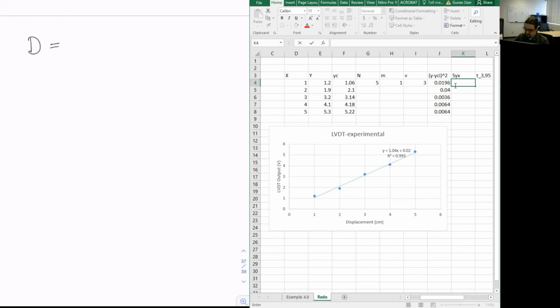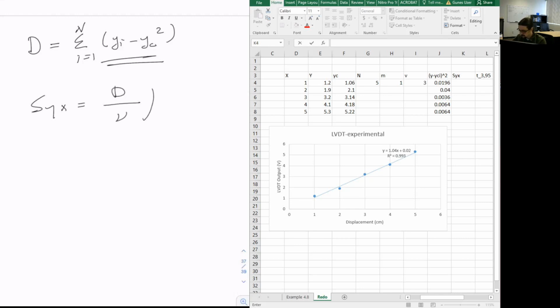D was defined as the sum from i equals 1 to n of (yi minus yc) squared. We have already completed that term. And then the Syx was defined as the D divided by the degrees of freedom, and square root.